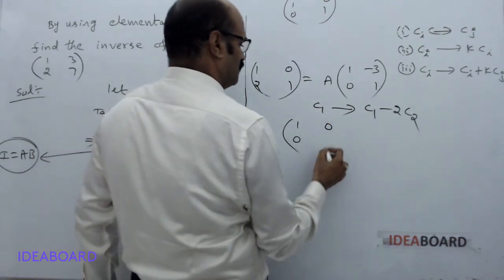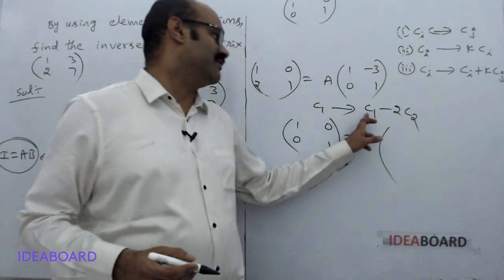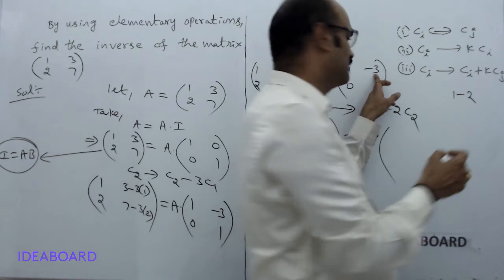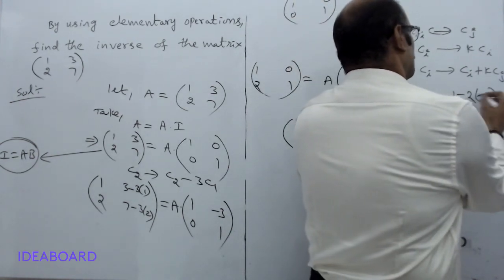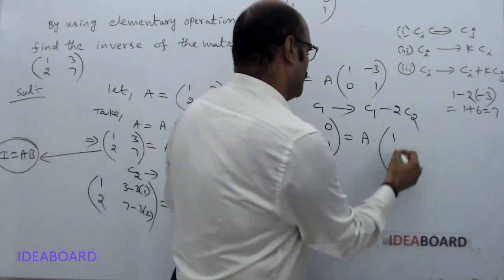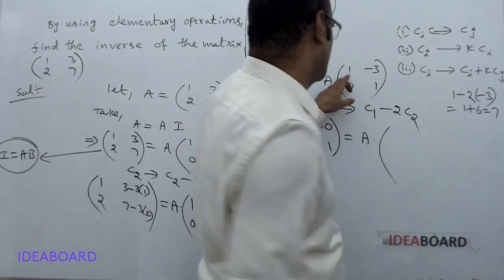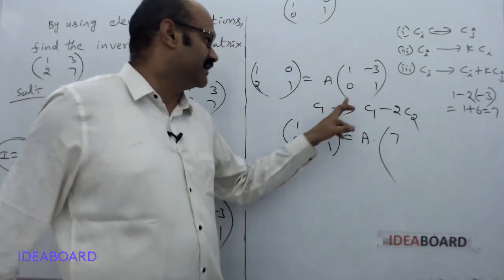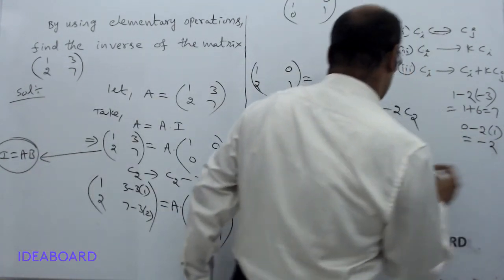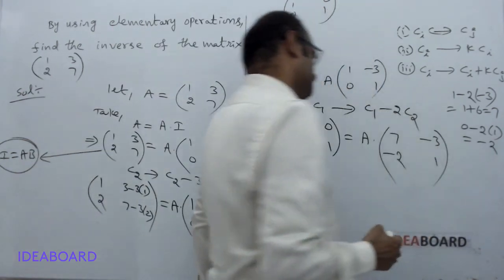Now here 0, 1 equal to A into C1 minus 2 into C2. In the identity matrix, the first element is 1 and minus 3, so 1 plus 2 into 3, which is 7. Oh sorry, C1 we have to change. So the first element is 7 here. Next one, 0 minus 2 into 1 equal to minus 2, then minus 3, 1.